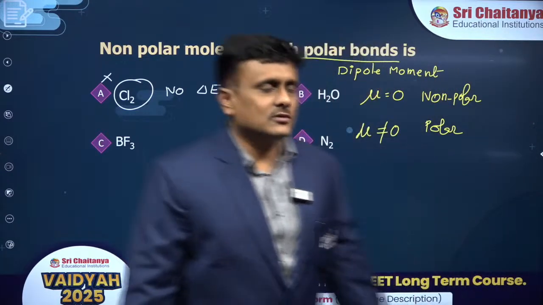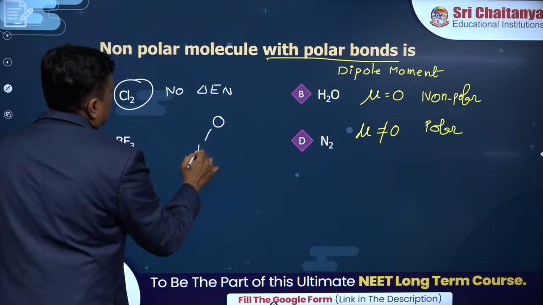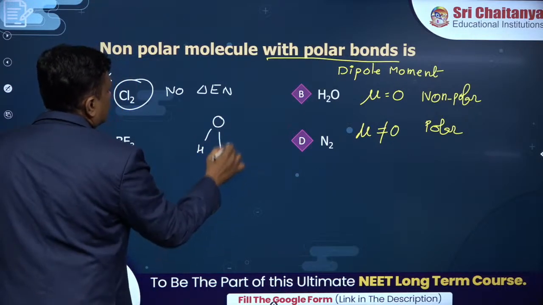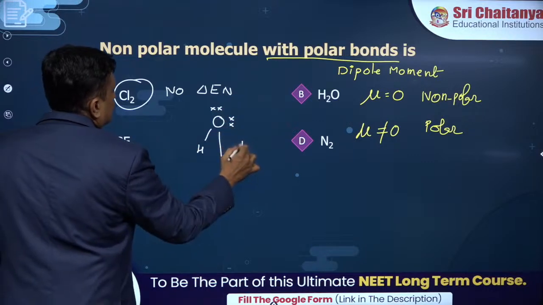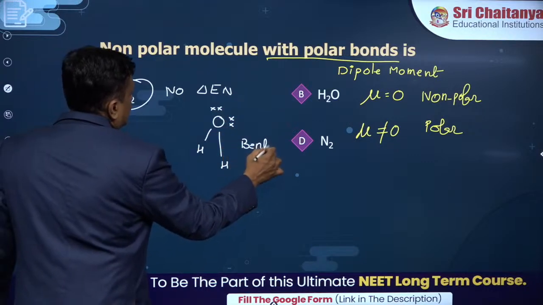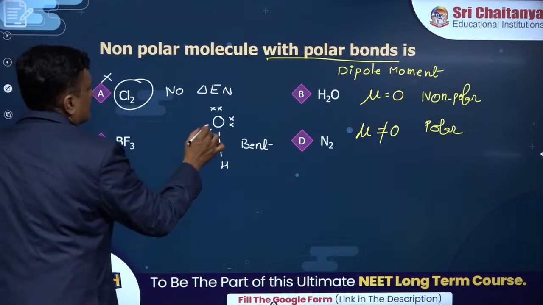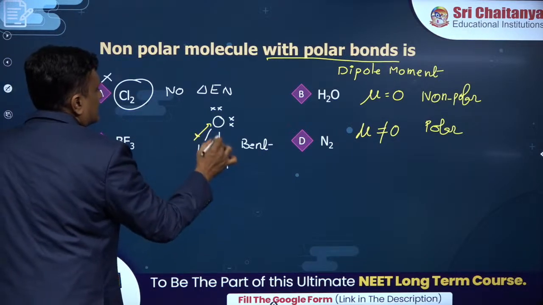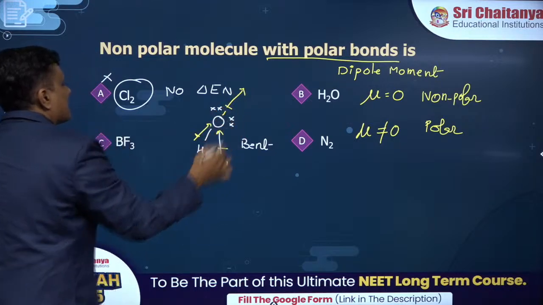You know that H2O, because of the lone pairs of electrons present on the oxygen atom, tends to be bent in geometry. If it is bent, not linear, you could anticipate this to have some net dipole moment in the direction of the oxygen atom.